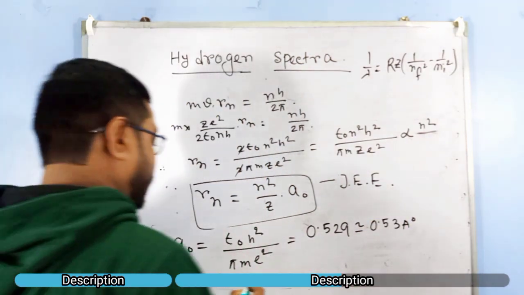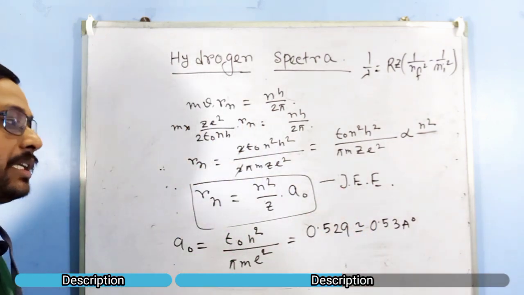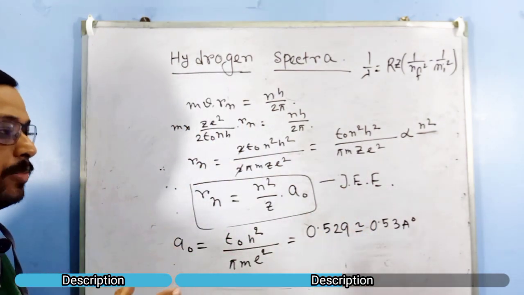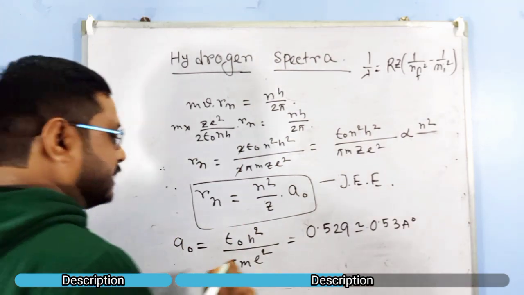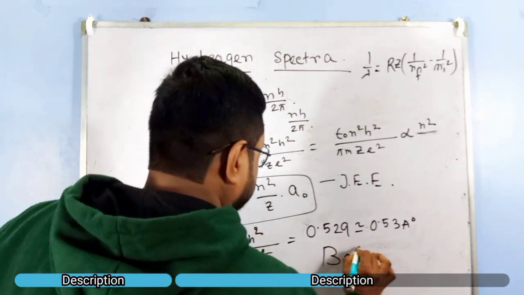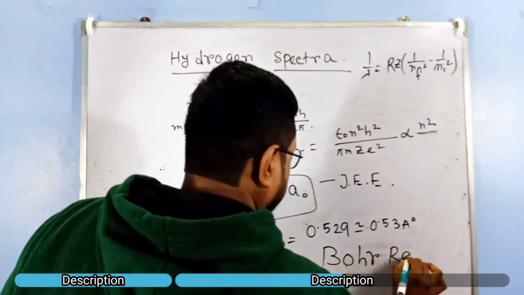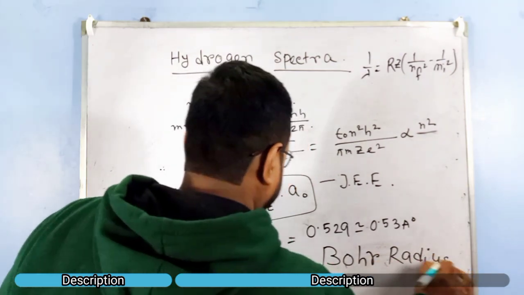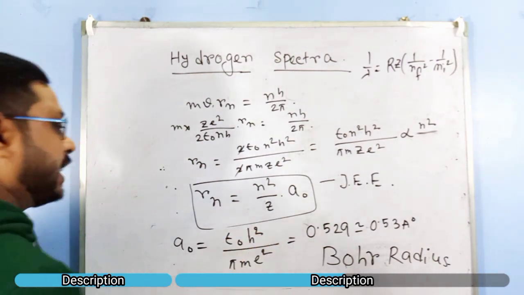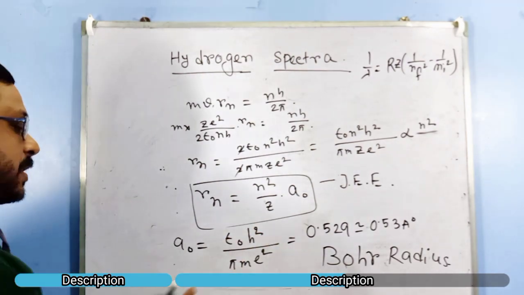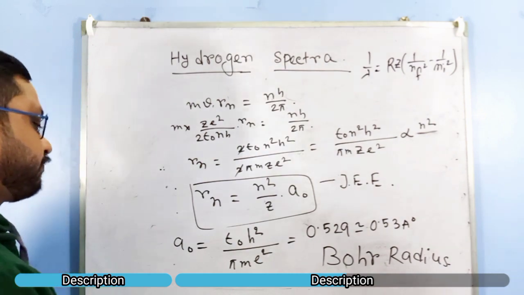This is the value of the radius of the first orbit in a hydrogen atom. This radius is known as the Bohr radius. So the expression of Bohr radius is epsilon naught h square divided by pi m e square.